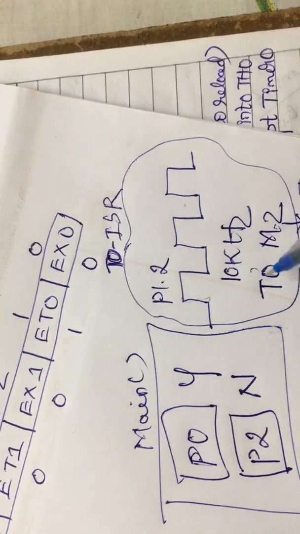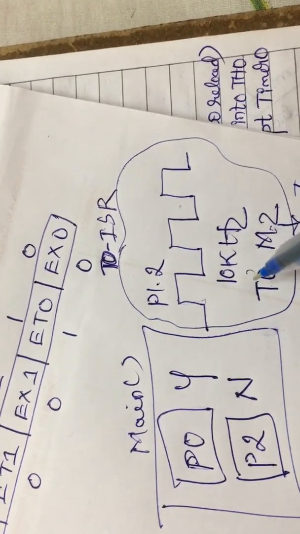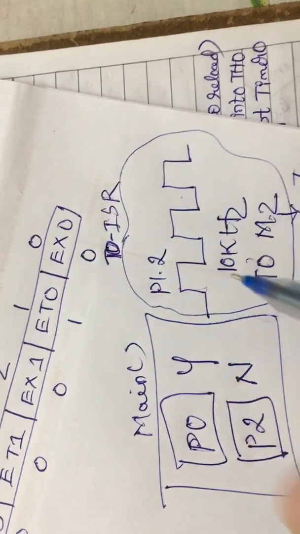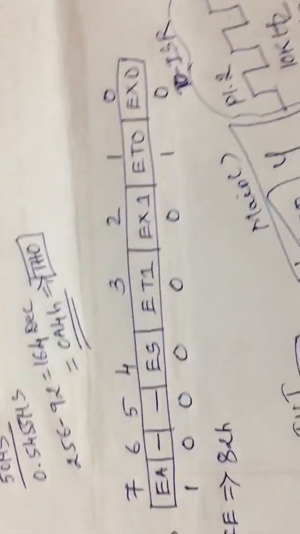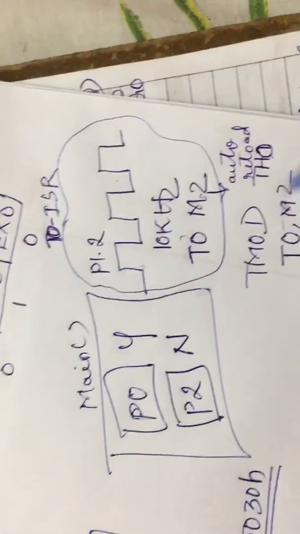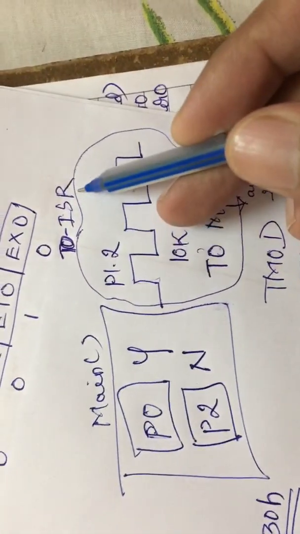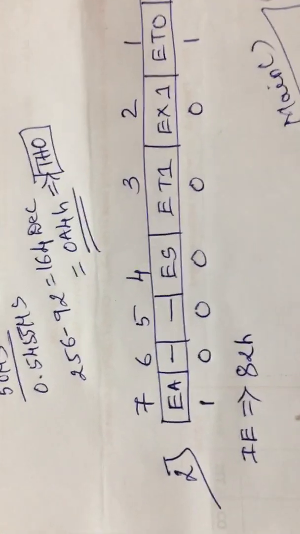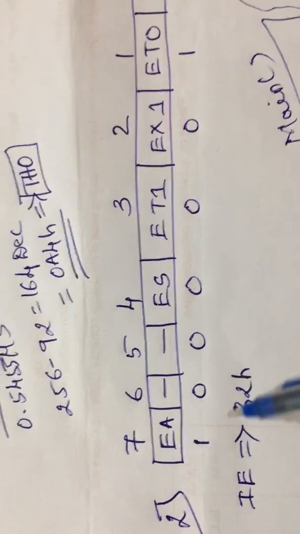So we need to set one particular bit in the IE register. How is that to be done? Before programming we need to initialize this particular timer 0 interrupt inside the program. That is to be done with the help of the IE register, the interrupt enable register.